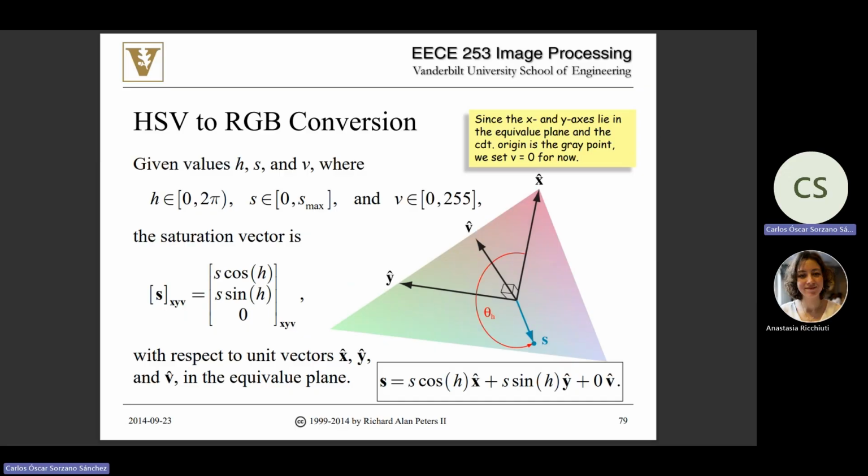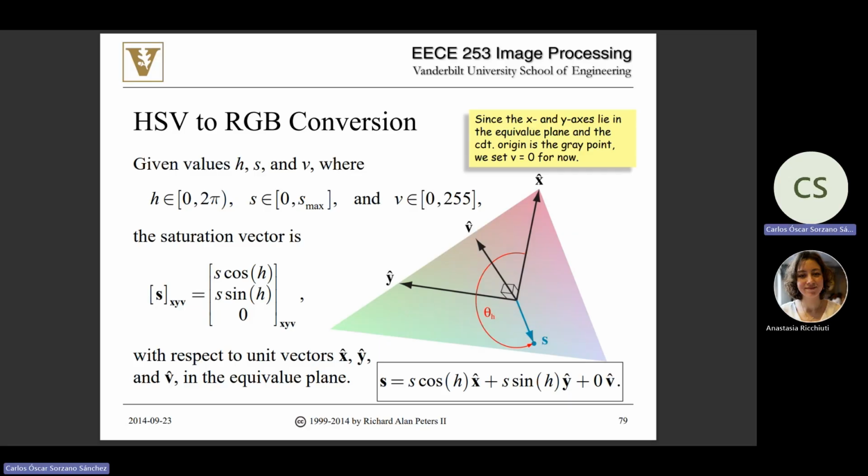Then, in this coordinate system, we are given H, S and V. So what is our color in this coordinate system? Our color is a point that belongs to that plane. If it belongs to that plane, the v component will be 0, because if the v component is different from 0, we are away from that plane.